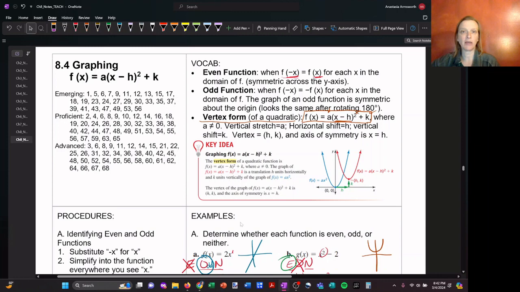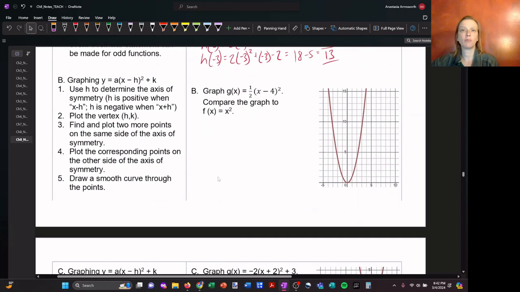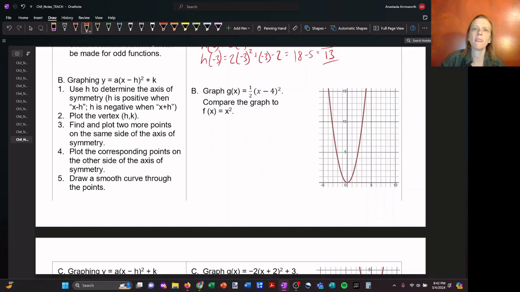So let's go back to our notes page and do a practice problem, getting used to dealing with changing values of a, h, and k. In this example, I'm supposed to graph g of x equals 1/2 times the quantity x minus 4 squared. So my a value is 1/2.